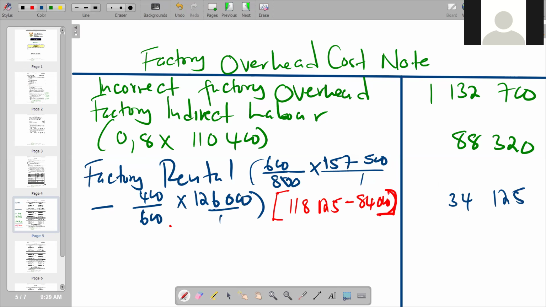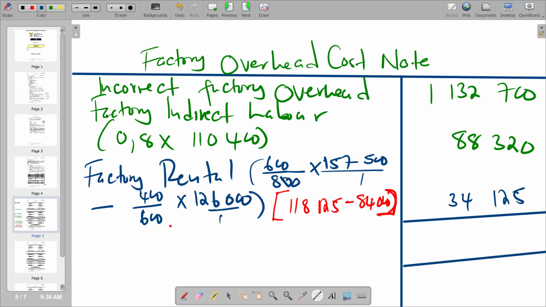Then you can now add to get your net figure, whereby we are saying 1,132,700, and then you add your 88,320, then you add your 34,125, and then you are going to get a total of 1,255,145.